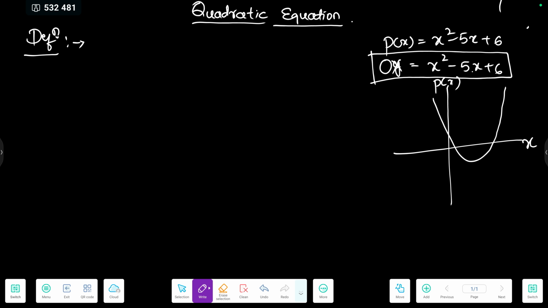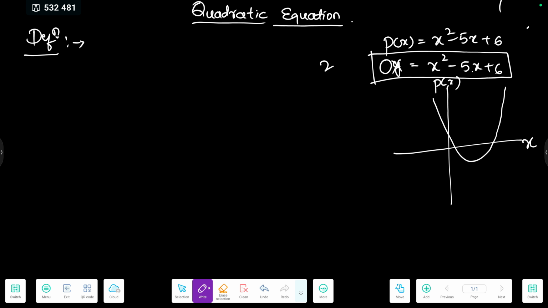For what value of x does LHS equal RHS? There are two numbers. For putting x equals 2, LHS becomes RHS. Now put x equals 3.